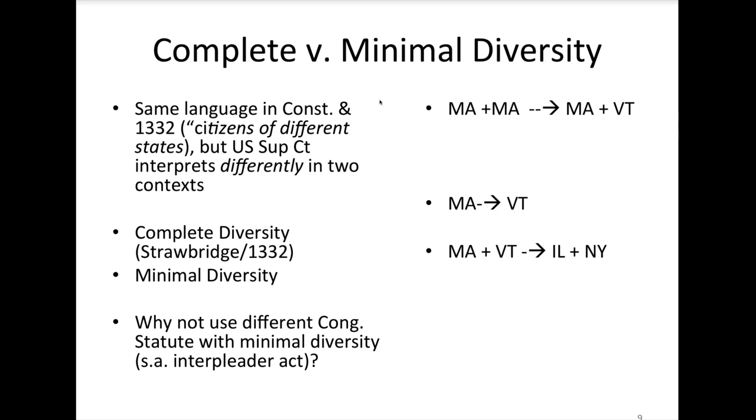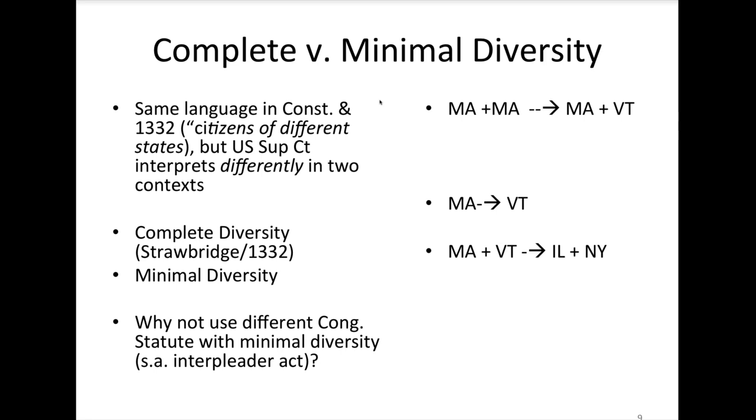The reason is because the Interpleader Act has a lot of other requirements that you may not be able to meet. And that's why you might use complete diversity instead. So we've talked about complete diversity, which is required by 1332, but not necessarily other congressional statutes, as in the Interpleader Act, whereas minimal diversity is all the Constitution requires in terms of what a federal court can hear in non-1332 cases and also the Supreme Court.